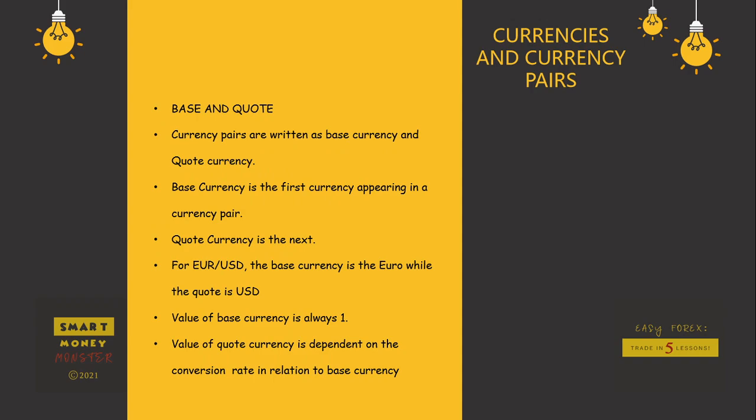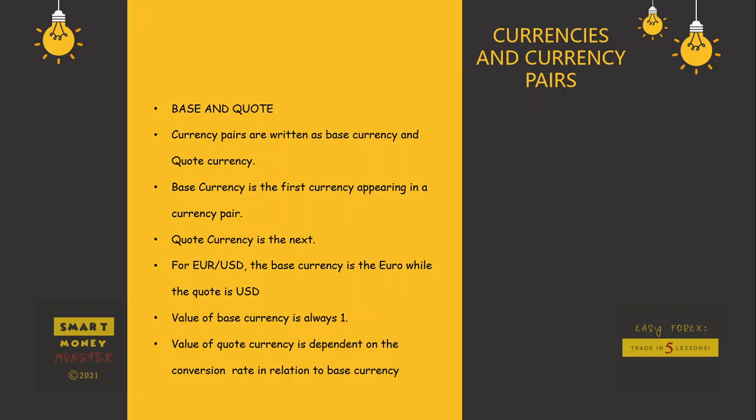Now you have to understand the concept of base and quote currencies in currency pairs. Currency pairs are written as base currency and quote currency. So when you hear, for example, euro dollar, the first currency you are calling is the base currency. The second currency is the quote currency.